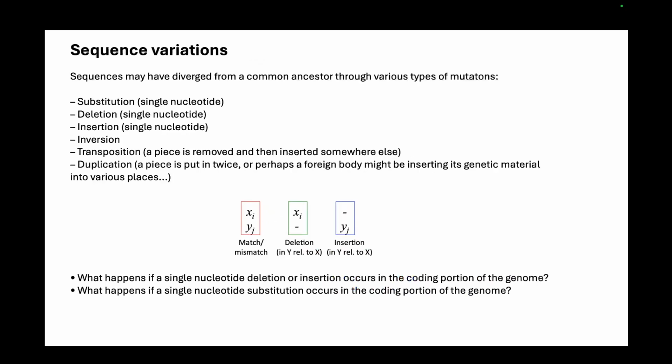Okay. Now, as I was saying, your reference and the reads that you have generated from your sequencer or your experiment will not match exactly most of the time, because sequences have diverged. We created a reference genome, and there can be multiple variations from that single reference genome because all humans are different.